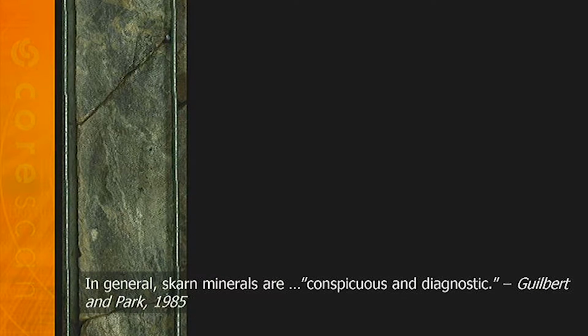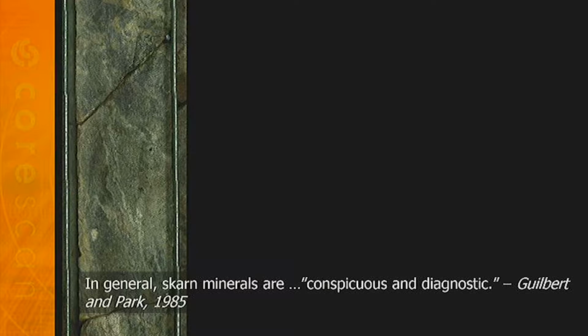So I wanted to go all the way back to Gilbert and Park, 1985, Ore Deposits, and a statement in there: in general, skarn minerals are conspicuous and diagnostic, meaning they're really easy to detect. In other words, if you can't tell the difference between an epidote and a chlorite in hand sample, you might have a problem.